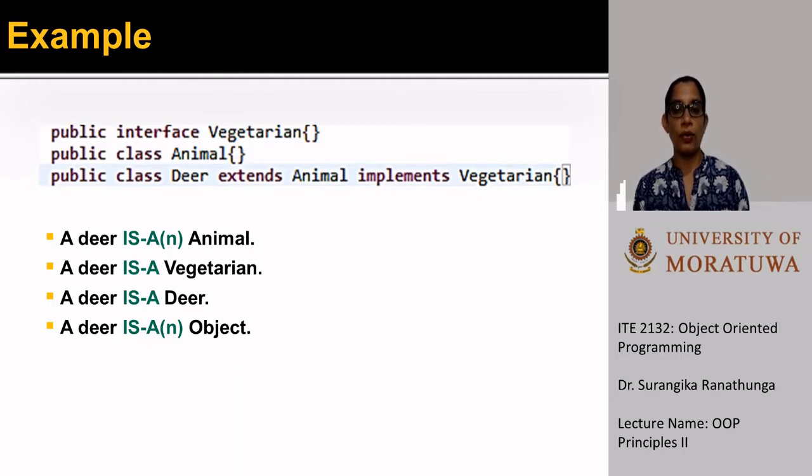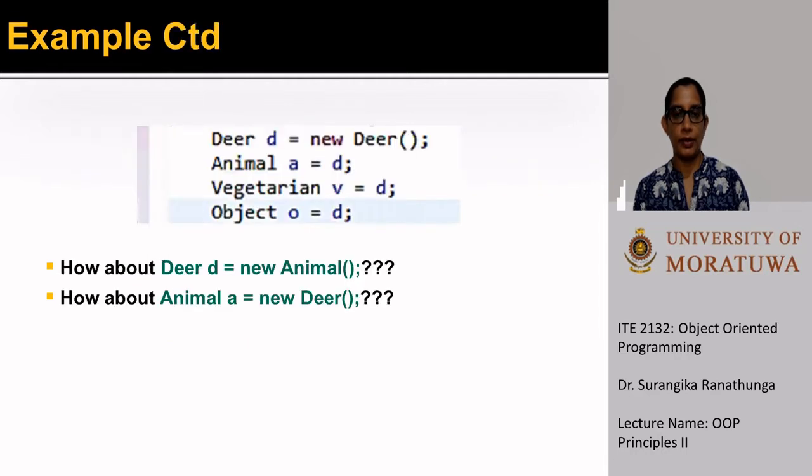So it has 4 ISA relationships. Again, remember, not only for the superclasses, when the class implements an interface, we consider it as another ISA relationship.